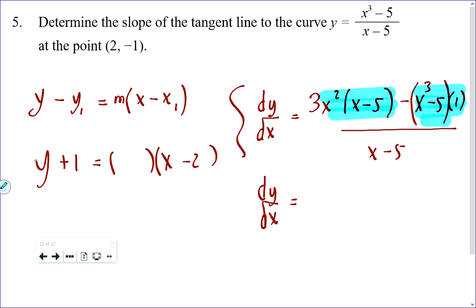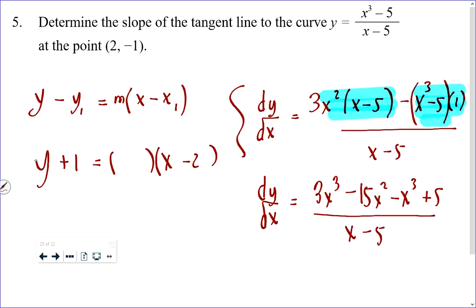So you have to expand this out. And you're going to get 3x squared times x, which is 3x cubed, minus 15x squared, minus x cubed, minus negative 5 over x minus 5.